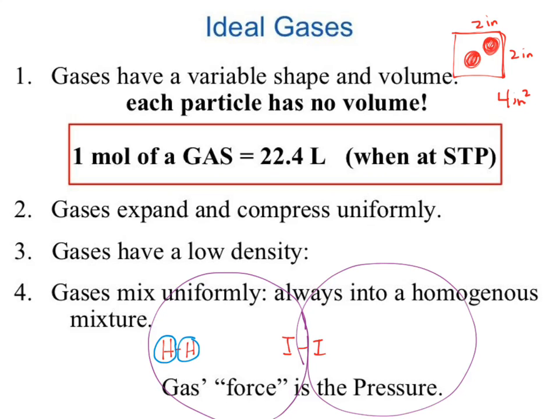What do you think the standard temperature is? This is one of the reasons why science can be a pain in the ass. If you take a look at STP and you talk to an engineer versus a mechanical engineer versus a chemist versus a physicist versus a biologist, what is standard temperature?